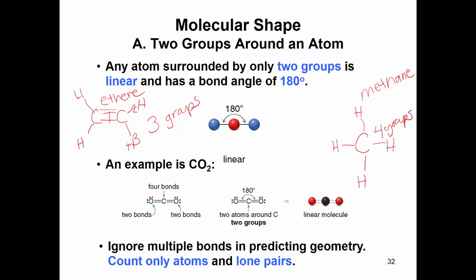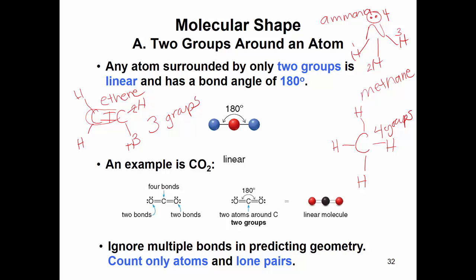This whole side here, that's considered a group, because that's only bonded to, remember, an atom, or it can be a lone pair, which counts as a group. Speaking of, if we have ammonia, we have 1 group, 2, looking at the nitrogen, 3, and then a lone pair, and it counts as a group, as a 4th group.